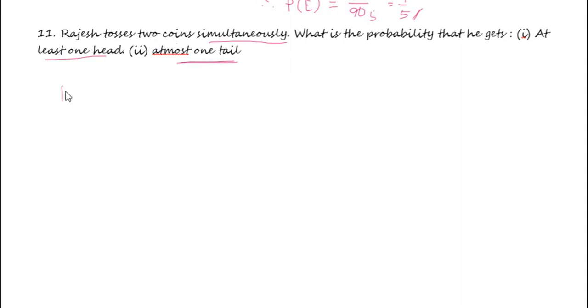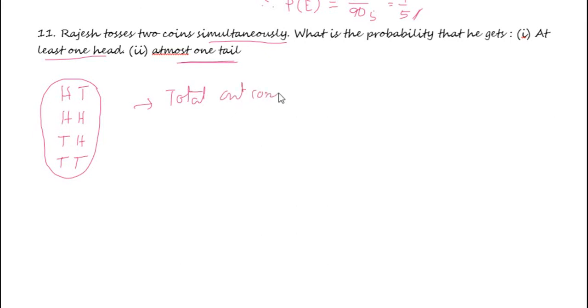First coin head, second coin tail; or first coin head, second coin head; third, first coin tail, second head; or both tail. These are the 4 possible outcomes. So total outcomes here is equal to 4.